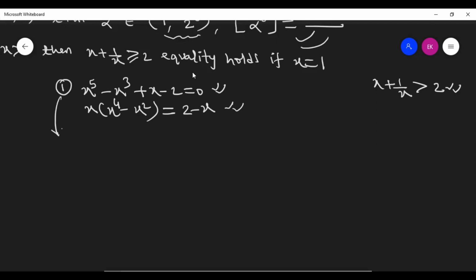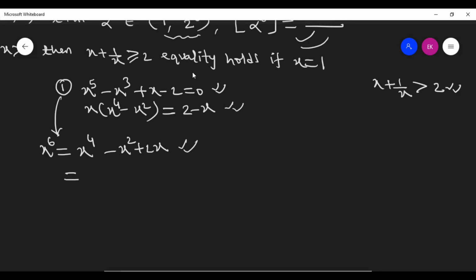So from 1, I can say x to the power 6 is equal to x to the power 4 minus x square plus 2x. I multiplied the whole expression by x. So we got x to the power 6 is equal to this.